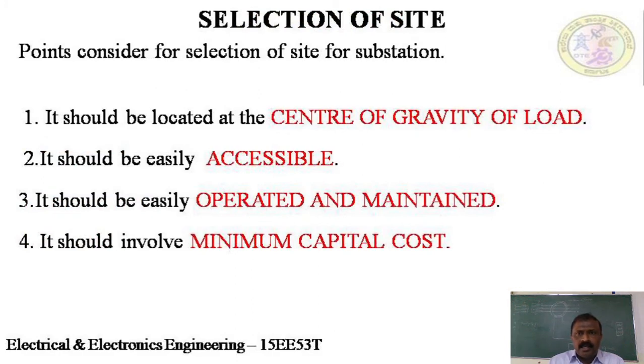So next is site selection, the selection of site for a substation. The points considered are: one, it should be located at the center of gravity of load or load centers. Second, it should be easily accessible. Third, it should be easily operated and maintained.